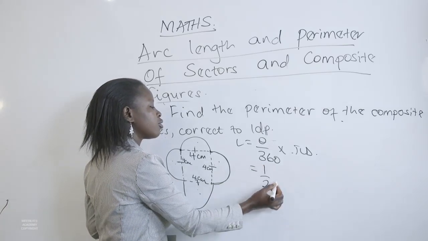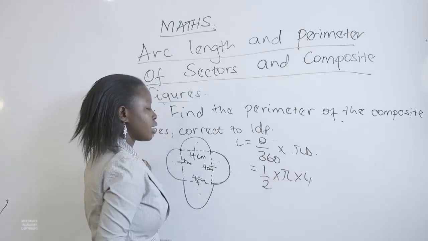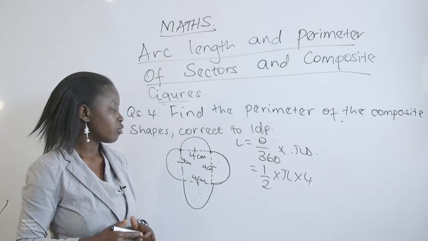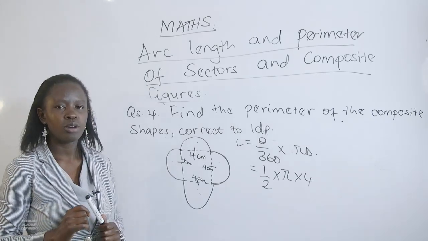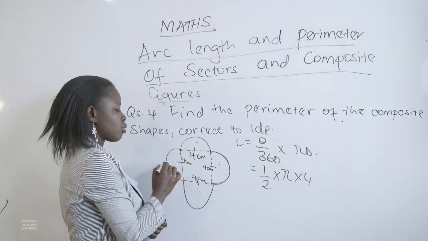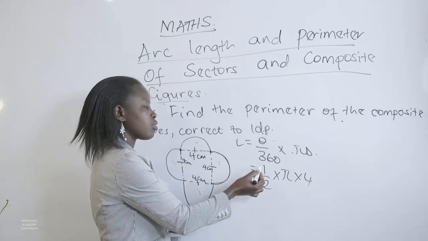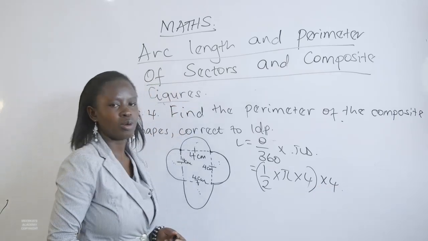So we have a half times pi, and our diameter is 4 centimeters, but we have a total of 4 of these semicircles, so the value I obtain here we multiply by 4.